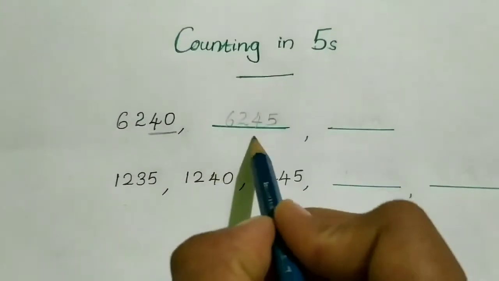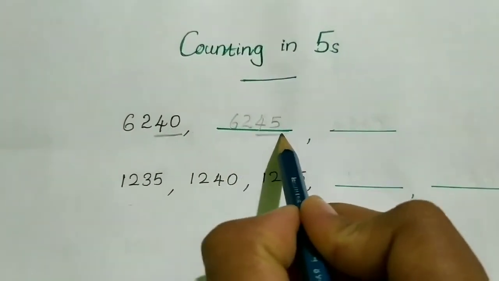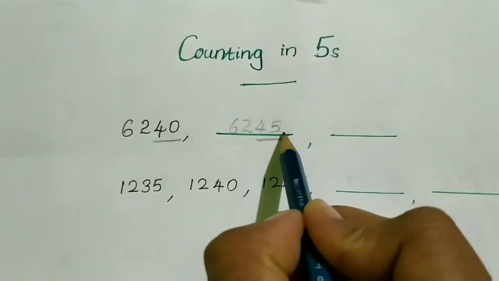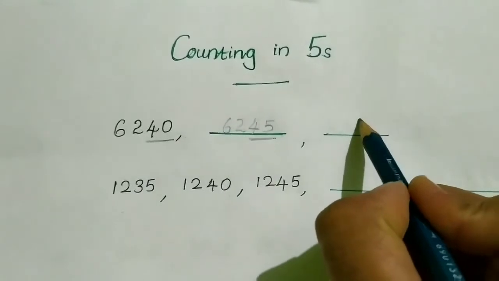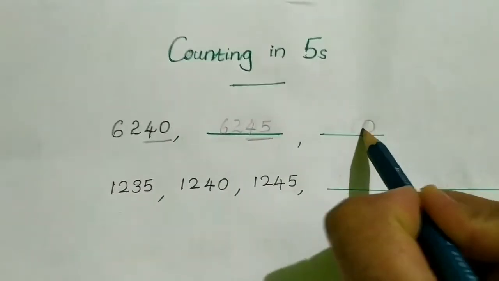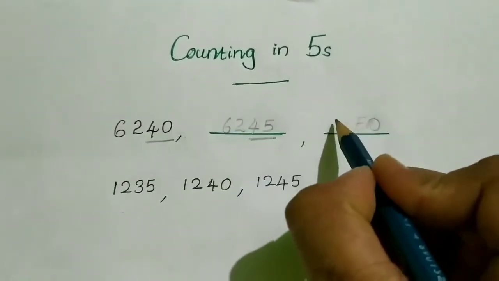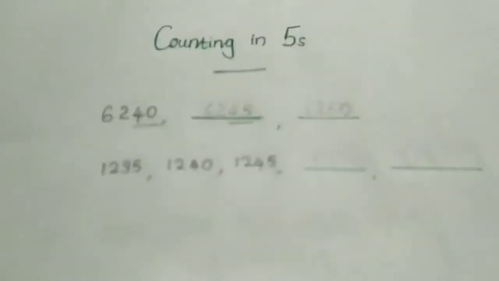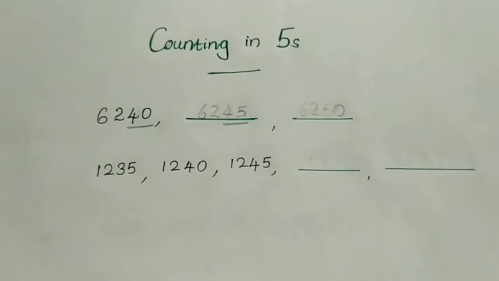Then we want to find the next number. Here 45, then add 5 with this number, that is 45 plus 5, 50. So the other two digits remain the same, 6250.